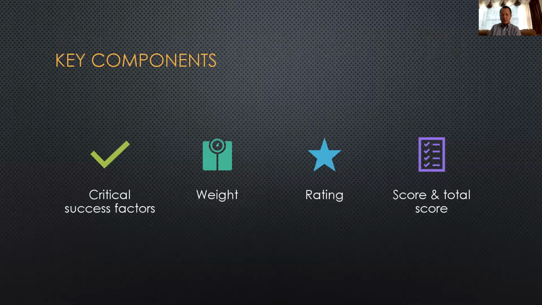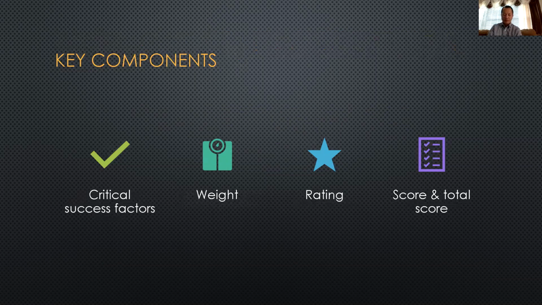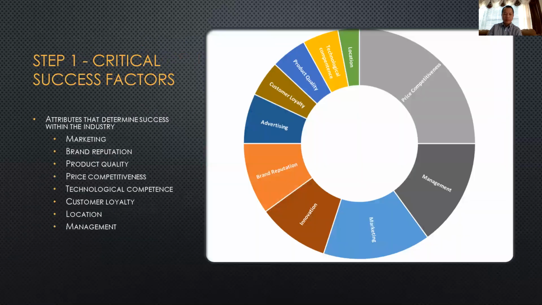Next is to assign a weight to some of these factors, and then you do a rating, and then you do a calculation based on the rating and the weight, and you get a score, and then you just total the score. So it's very simple. It's an easy process. It's an easy tool to use.